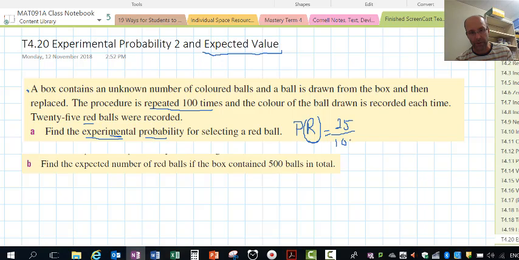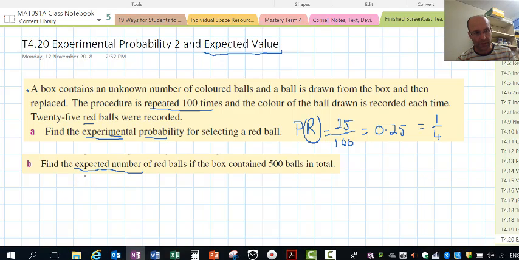If you like, as a decimal 0.25, or as a simplified fraction, a quarter. So what we're looking at now is this idea of expected number.